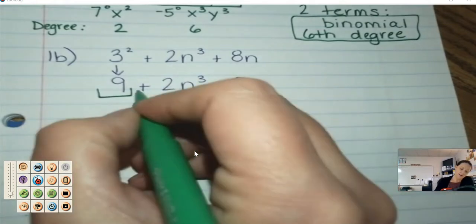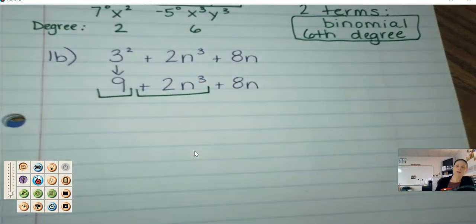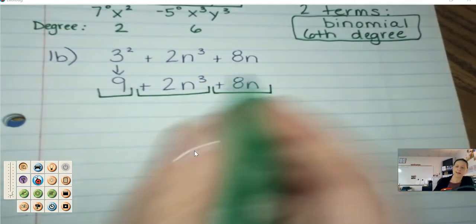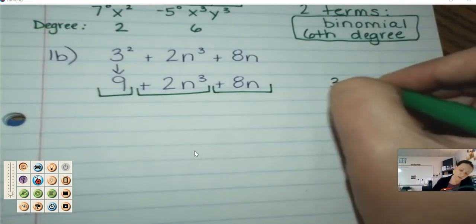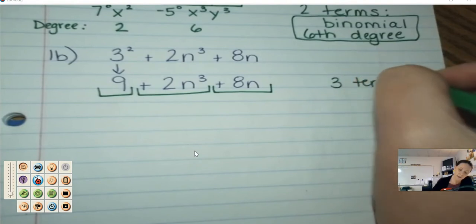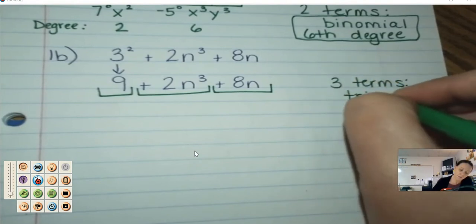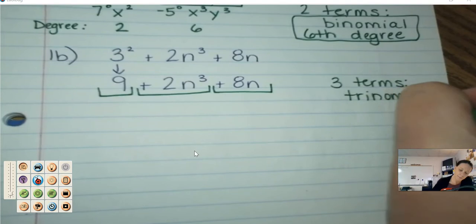So 9 is a term, 2n cubed is a term, and 8n. So every time you get a plus or a minus sign, it's a new term. So there's 3 terms. That's called a trinomial. Tri means 3.